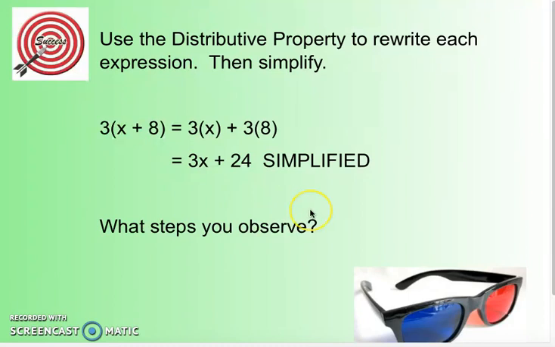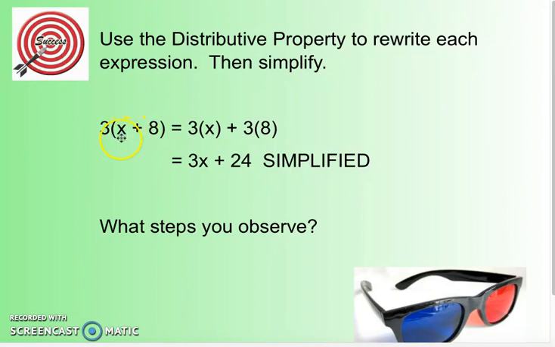Now let's look at another expression. So here's another example, and notice this one has a 3 on the outside, and then within the parentheses there's an x plus an 8. What steps do you notice that were taken? Well, what I notice is that the 3 was introduced, just like the previous problem.